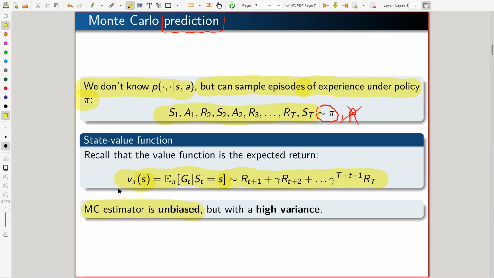This is the definition of an unbiased estimator. But remember, this is an important point. Monte Carlo estimates have high variance.